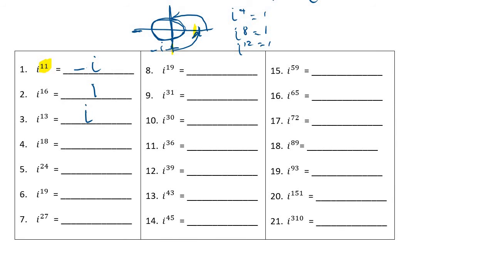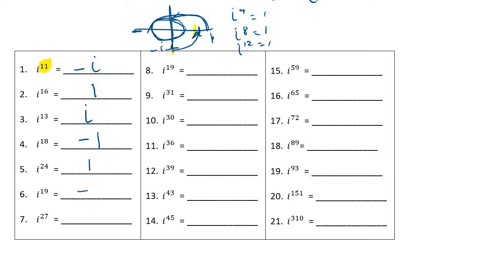i to the 18th, that will be 2 more rotations from 1, that will be -1. 24 is a multiple of 4, so that will give me 1. 19 is 1 less than a multiple of 4, 1 less than 20.